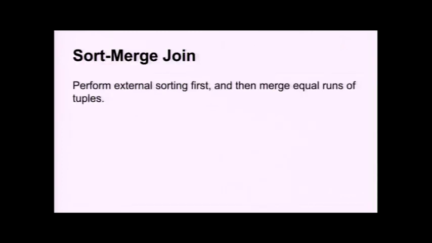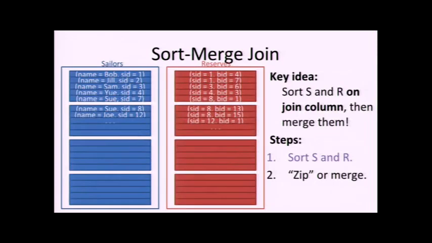Okay. Sort merge join is our other possible optimization we can do on equality predicates. So the idea is we're going to sort S, and we're going to sort R first. And the key observation is that if S and R are sorted, then it's very easy to merge these tuples. It'll be kind of like the merge step of external sorting, of merge sort.